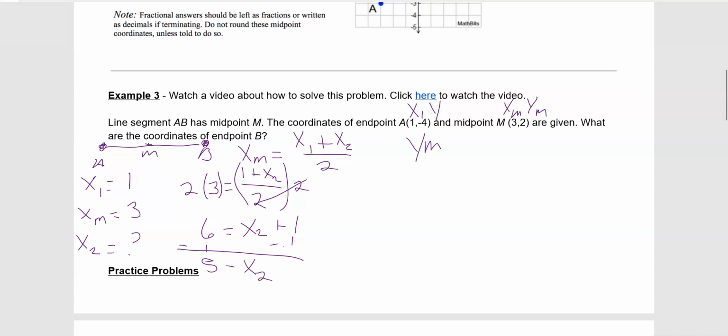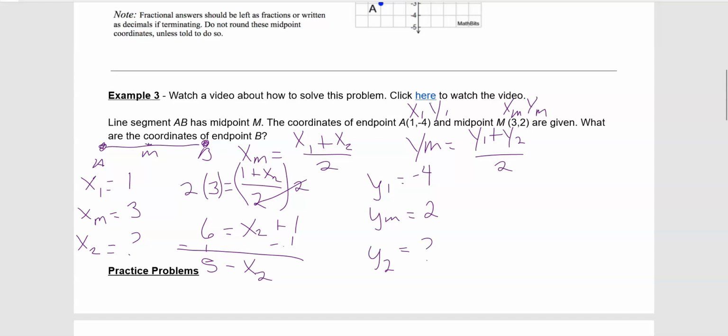Y of the midpoint is equal to y1 plus y2 over 2. And we know that y1 is -4, and y of the midpoint is 2, and we're looking for y2.